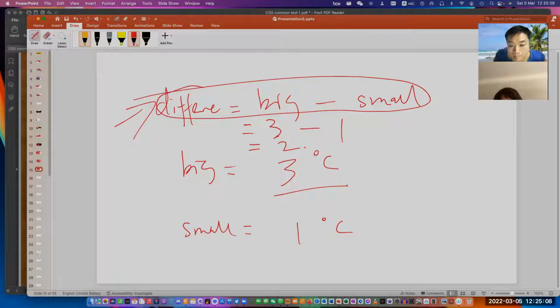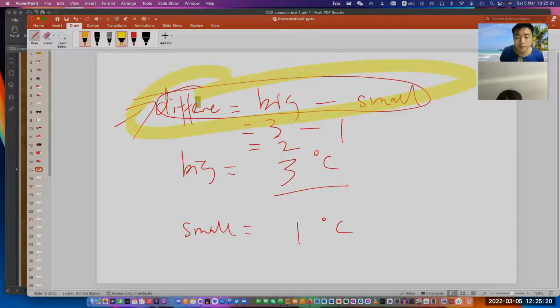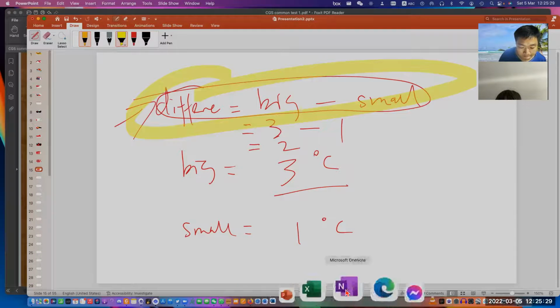Simple. Okay. So can you see that sometimes you get plus, sometimes you get minus in the calculation? Don't go and memorize plus or minus. The key is always difference is big minus small. Use the formula. The formula never goes wrong. What goes wrong? Calculation. Okay?